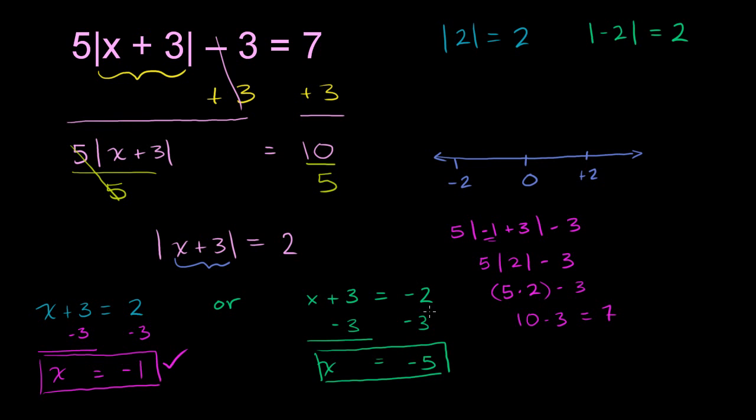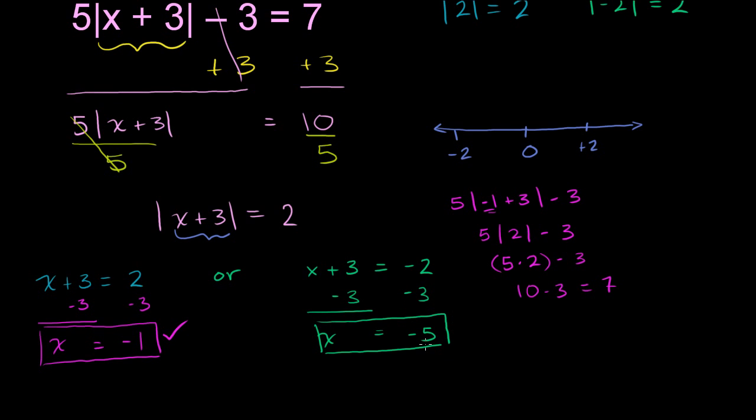Let's try the other one out. x is equal to negative 5, same drill. 5 times the absolute value of negative 5 plus 3, minus 3. This again should be equal to 7. Negative 5 plus 3 is negative 2, so this is 5 times the absolute value of negative 2, minus 3.